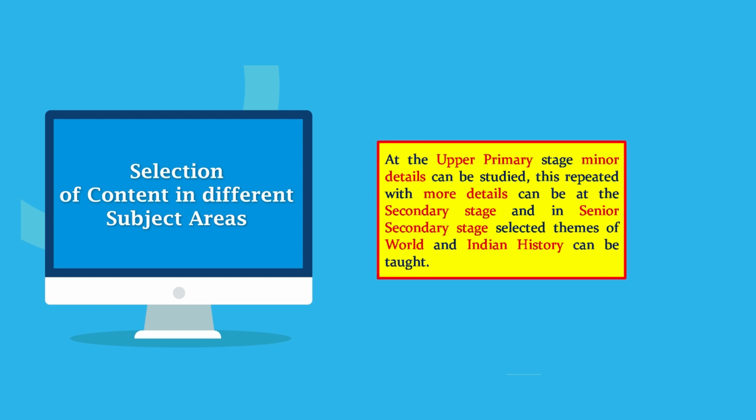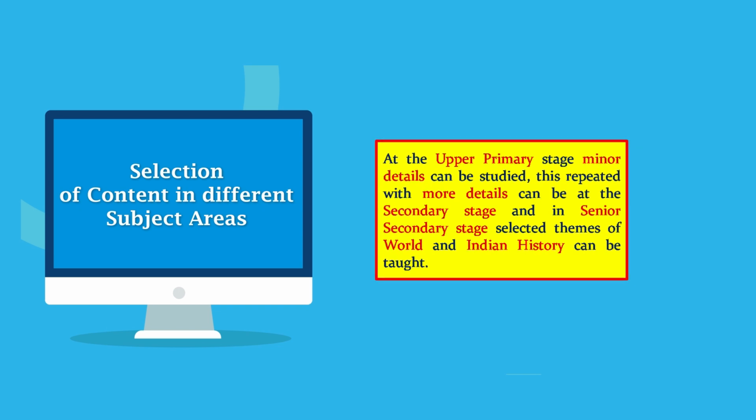And in the senior secondary stage, selected themes of world and Indian history can be taught. So here I am just giving one example. Let us see what content of history the learners should study, so that when they complete school education, they will get a detailed idea, the best knowledge of history so far as Indian history is concerned. At the same time, world history is also concerned.